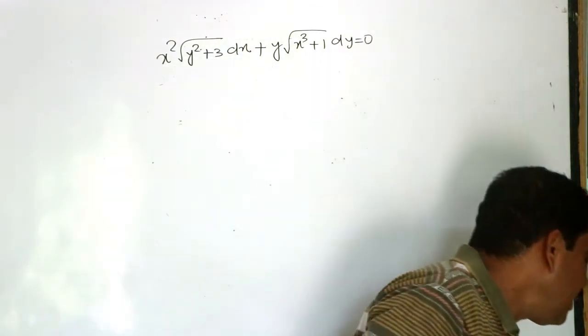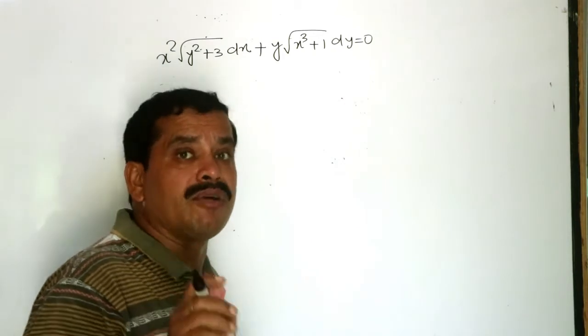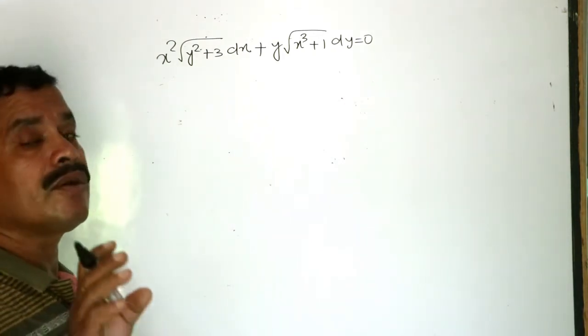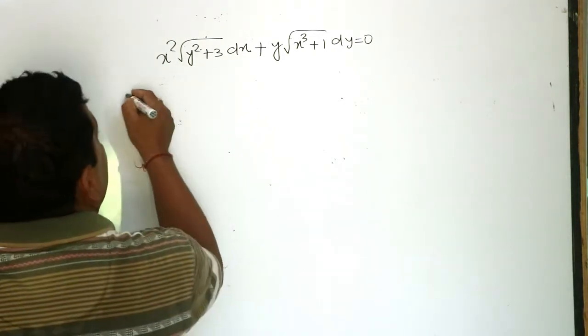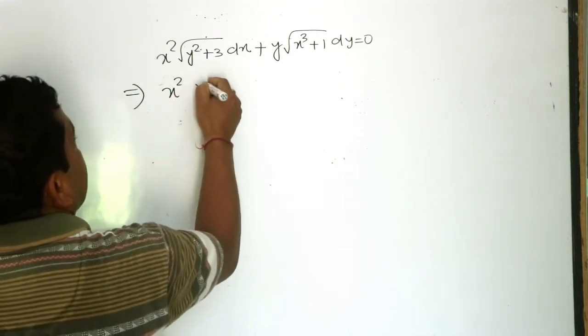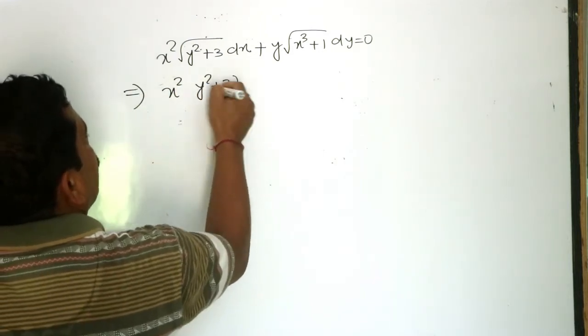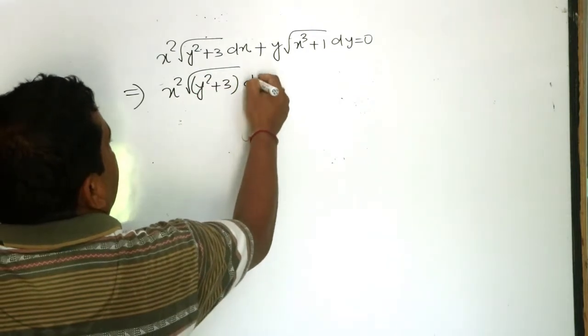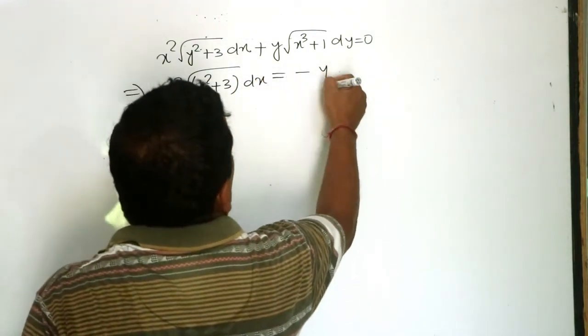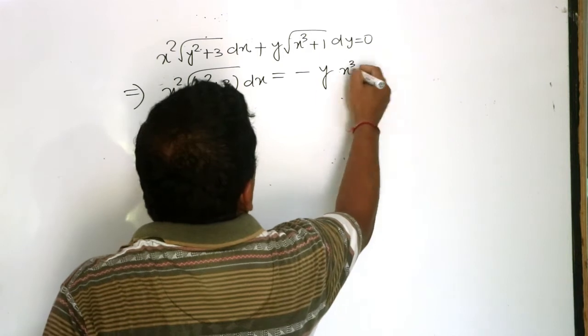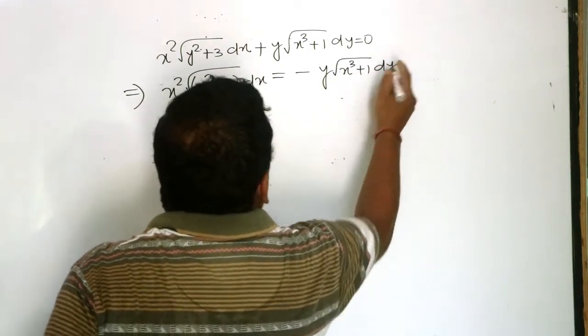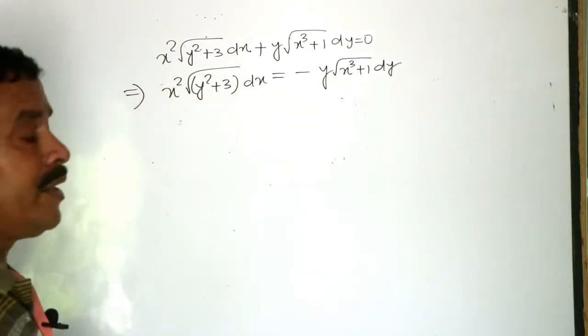First we have to find whether it can be solved by variable separation or not. First you separate dx and dy. x square root over (y square plus 3) dx equals minus y root over (x cube plus 1) dy.